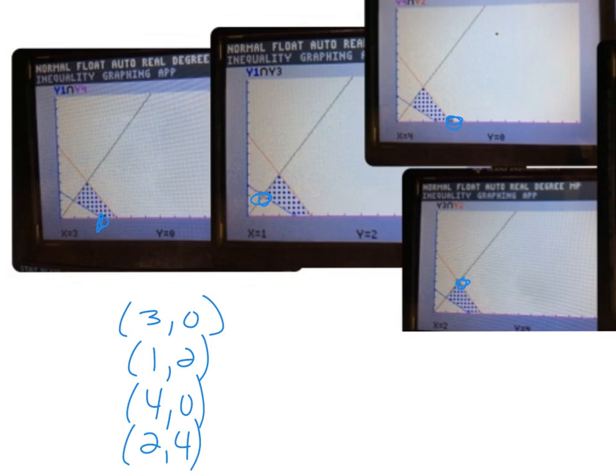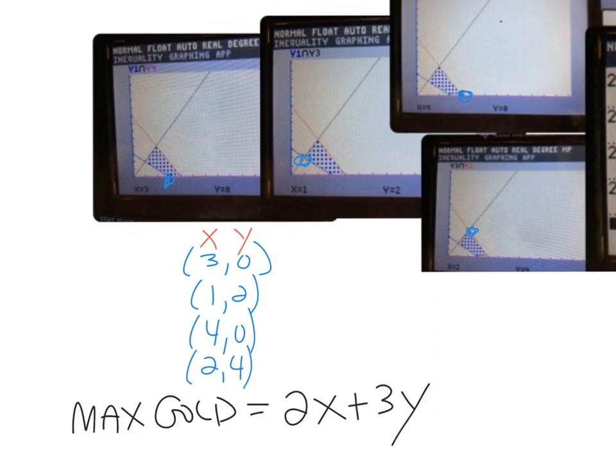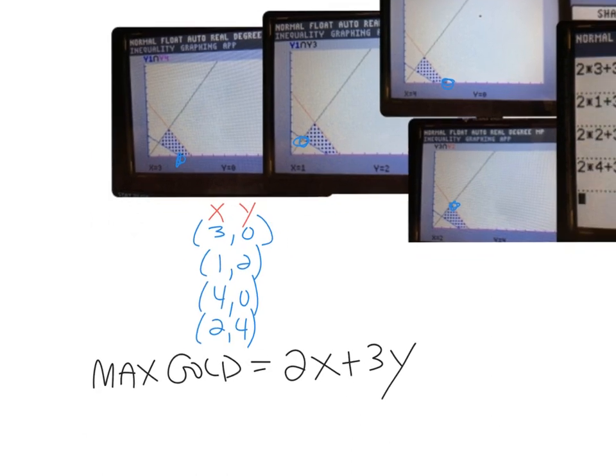Those are going to be your possible x and y values that you're going to plug in to the objective function. Here we're trying to maximize the amount of gold that gets extracted. So our objective function was 2x plus 3y.